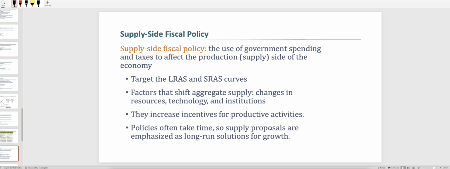Now, instead of the government just spending more money, so look at this from the demand side. Instead, what we could do is look at this from the supply side. If we looked at this from the supply side, we would primarily focus our attention on taxation.